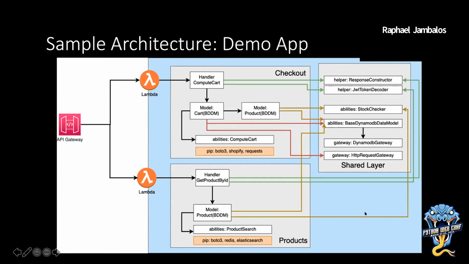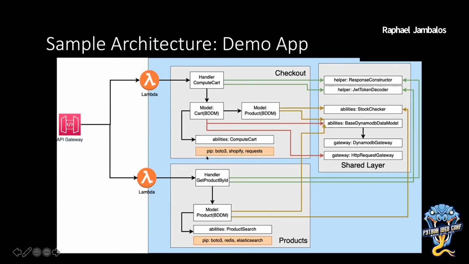Then we check its stock, which is the ability. It's also in the shared layer. And maybe we're searching. If you're searching for a product, you can use the product search ability. It's in here because checkout doesn't need it. It doesn't need to share the product search, so you can store it just in the products service when you don't need to share it.